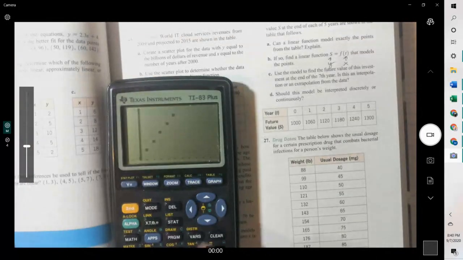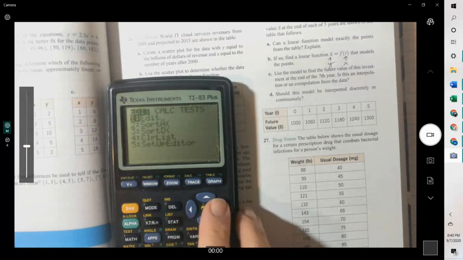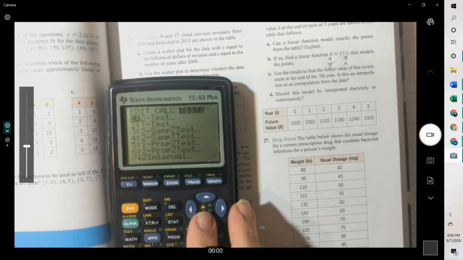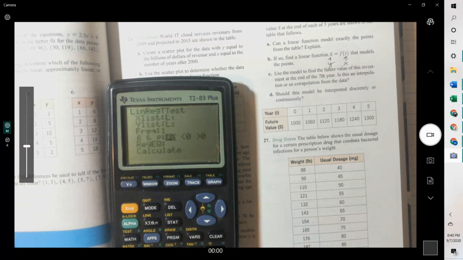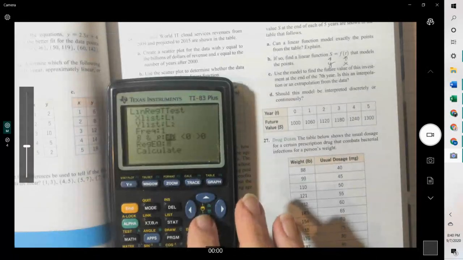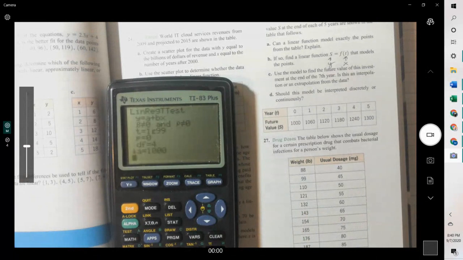So you find the equation: stat, test, linear regression, all the way down to calculate.